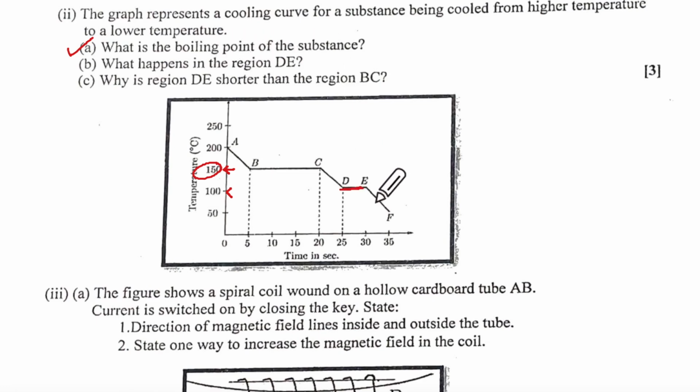What happens in the region DE? In DE, you will just write melting. No, this is the steam which is becoming freezing. This is condensation. This is freezing. If you write melting over here, you are going to get 0. So what will you say over here?